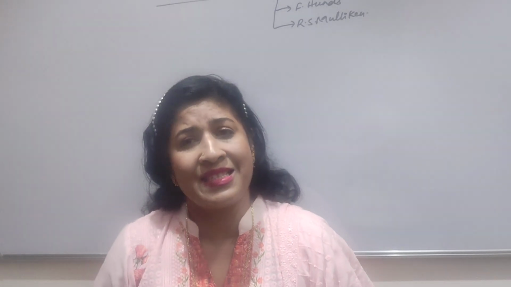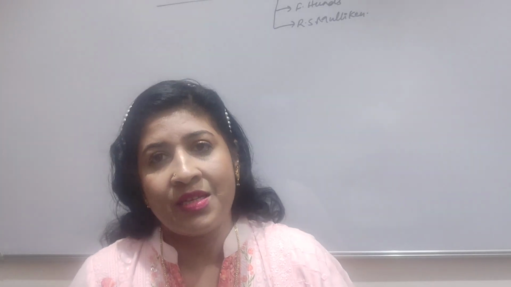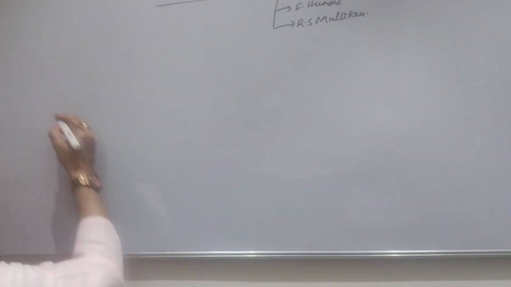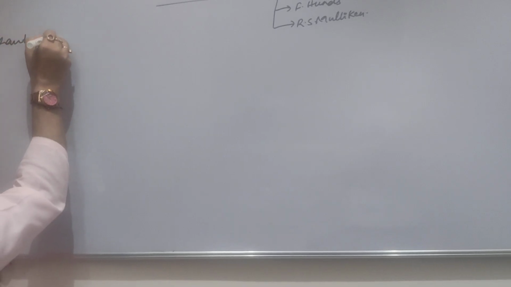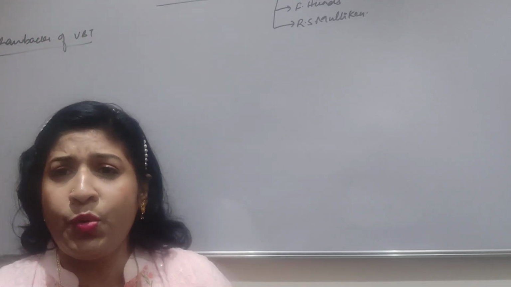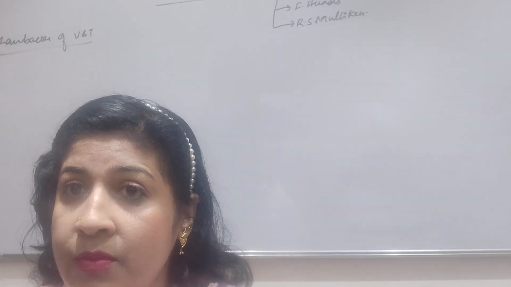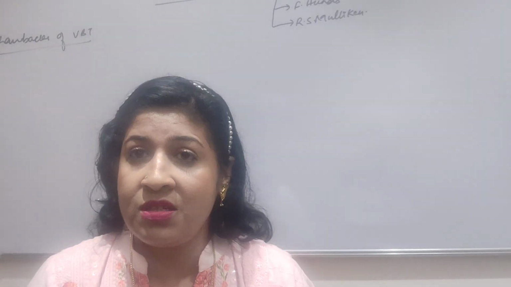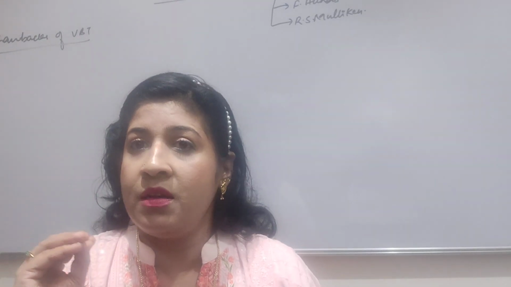So before proceeding to what exactly molecular orbital theory is, it's better we understand the drawbacks of VBT. There are a few drawbacks wherein VBT couldn't explain why the oxygen molecule is blue in color in liquid form.